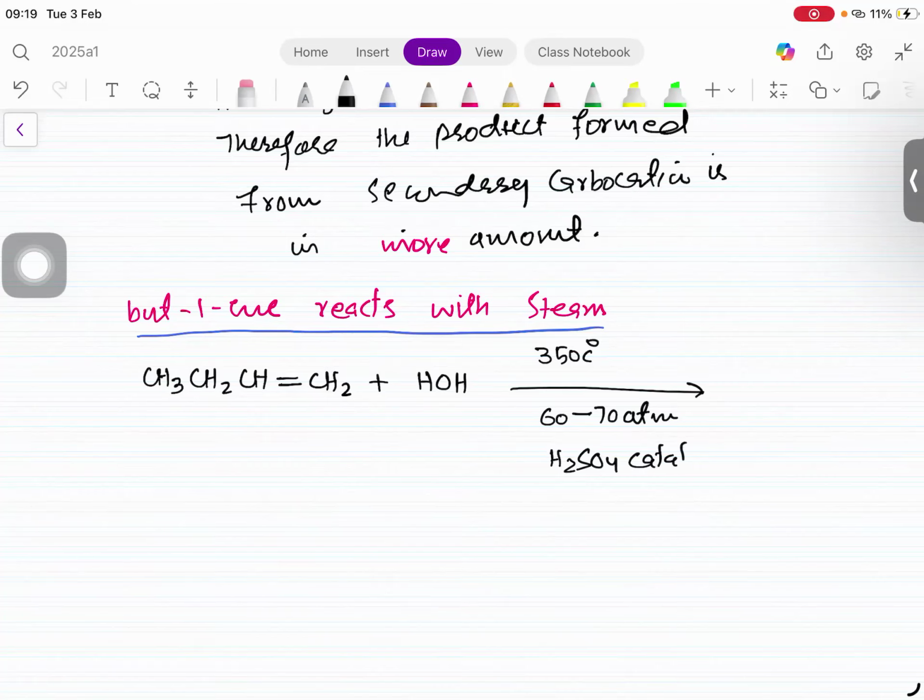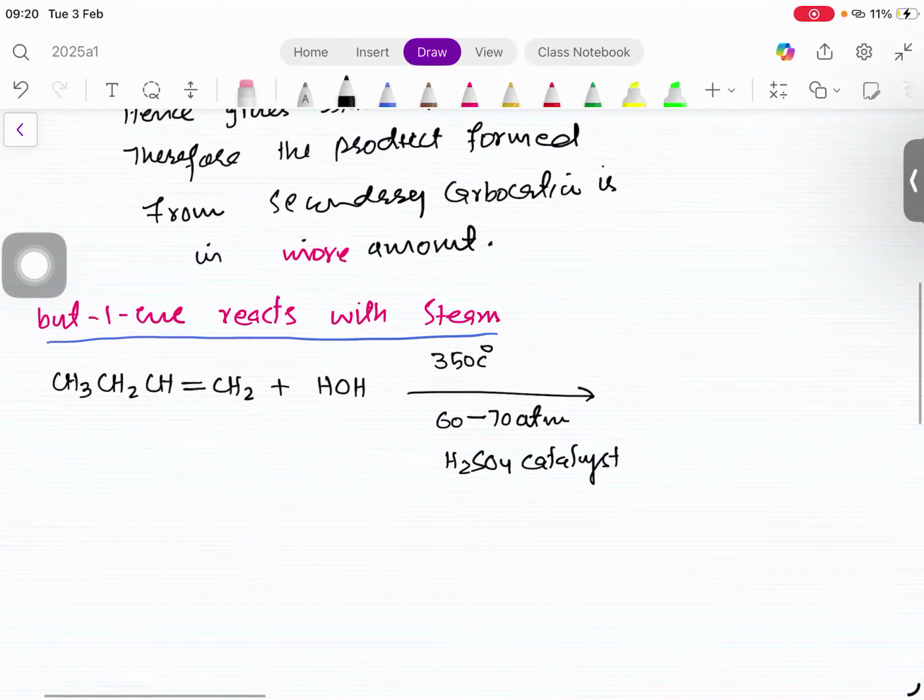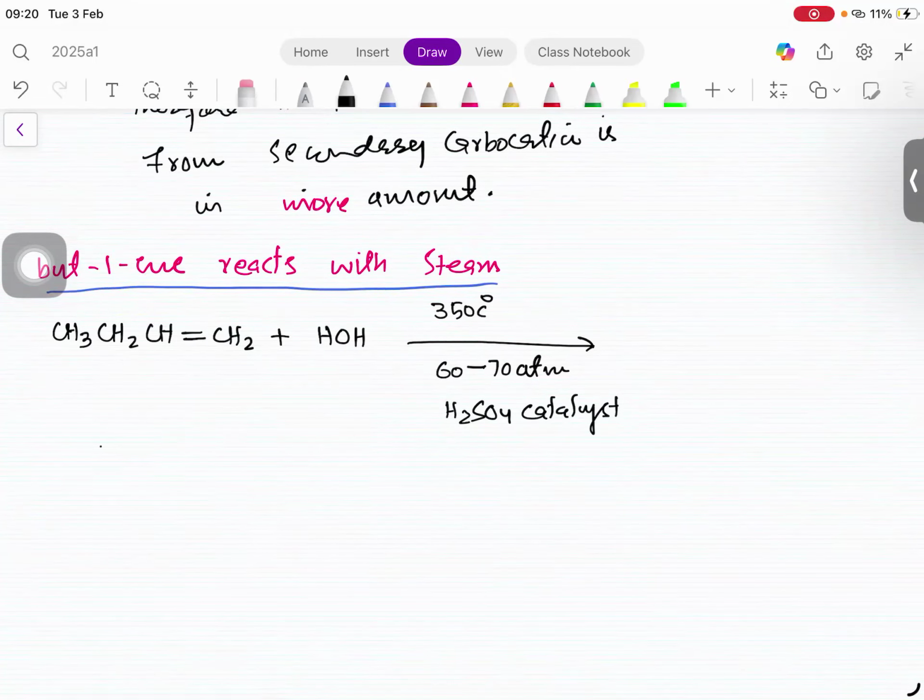Here you go. Now first you have to write the two products which are formed, label which is major and which is minor, and then write the mechanism. You have 2 minutes.